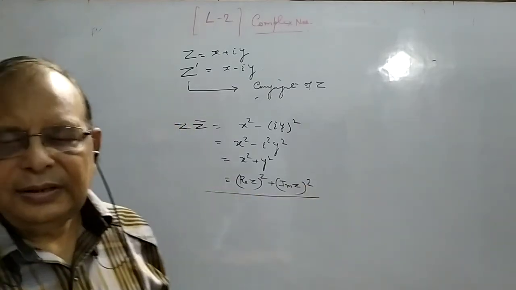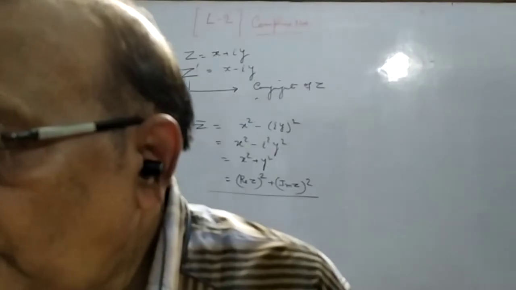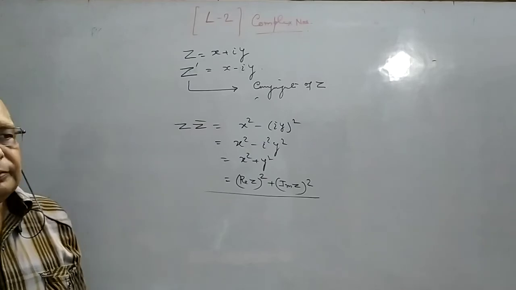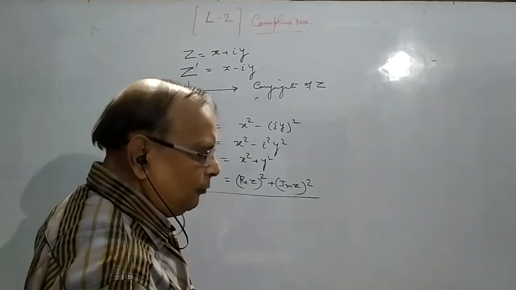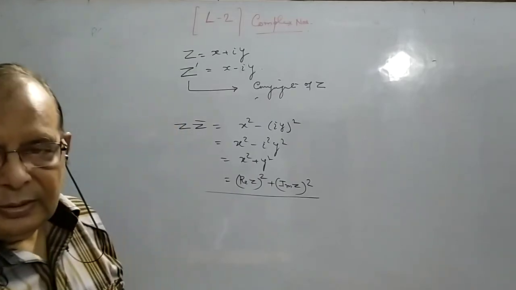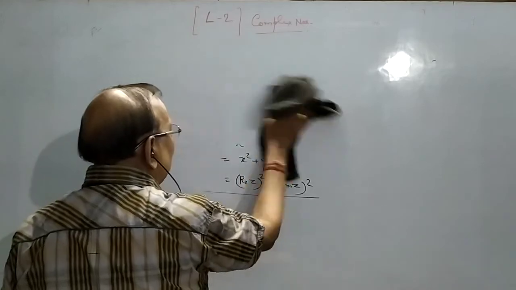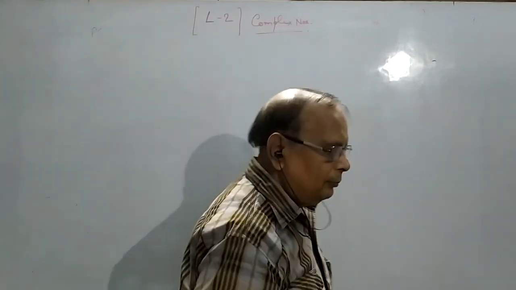That will also be real. Remember that the sum of a complex number and its conjugate will be real, as well as the product of any complex number and its conjugate will be real. You have all the formulas on tips. That's all.